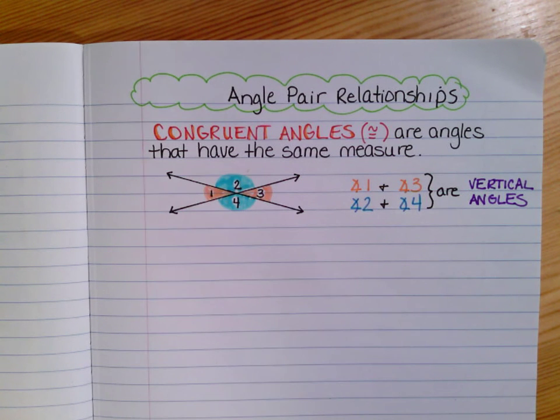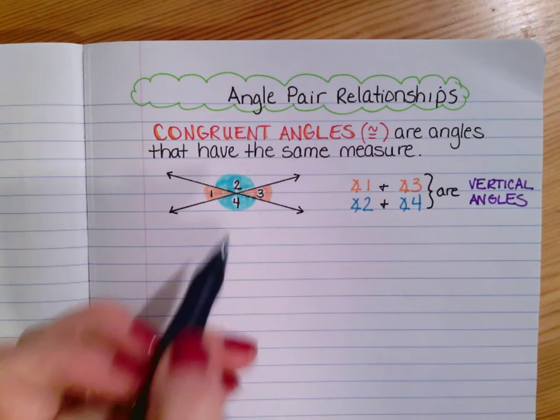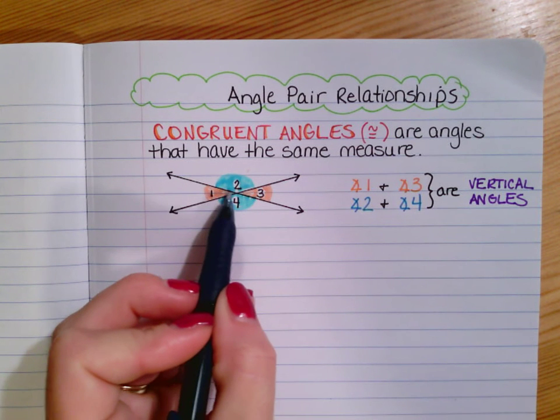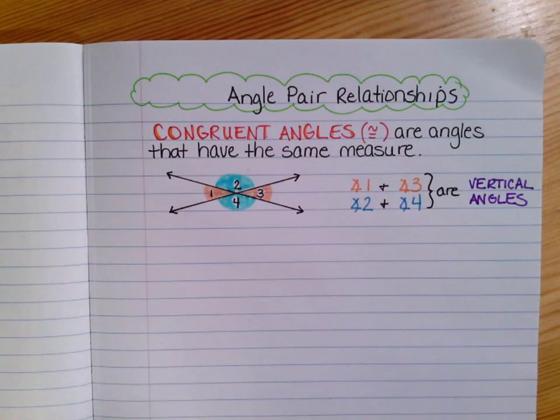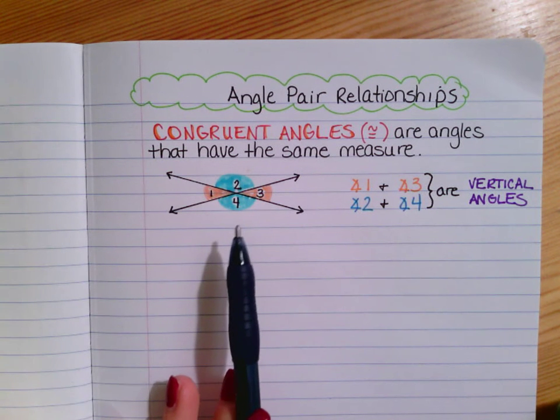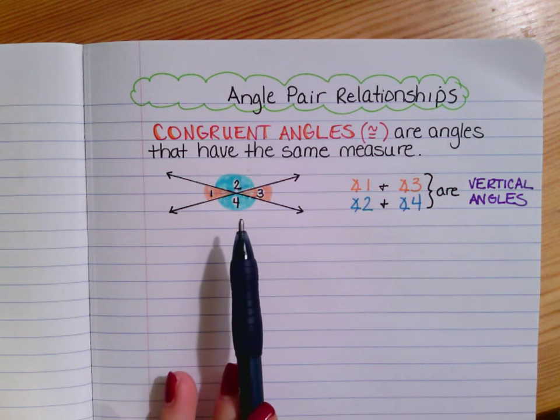So when you have two intersecting lines, you get two pairs of vertical angles, and those angles are opposite each other. I've heard some teachers say like their noses touch. Like if you think of this as the nose of the one angle and this is the nose of the other angle, right?